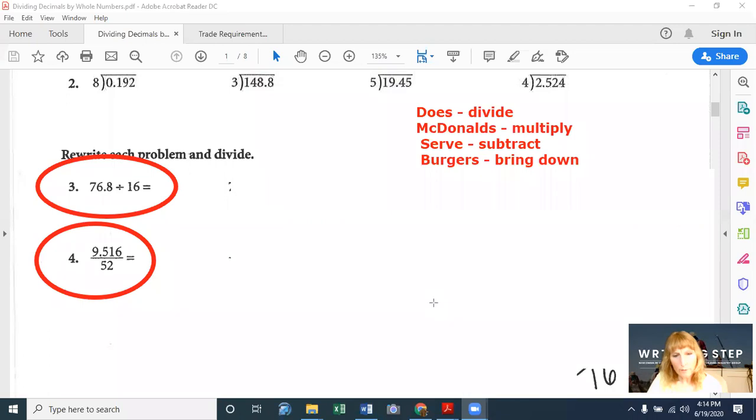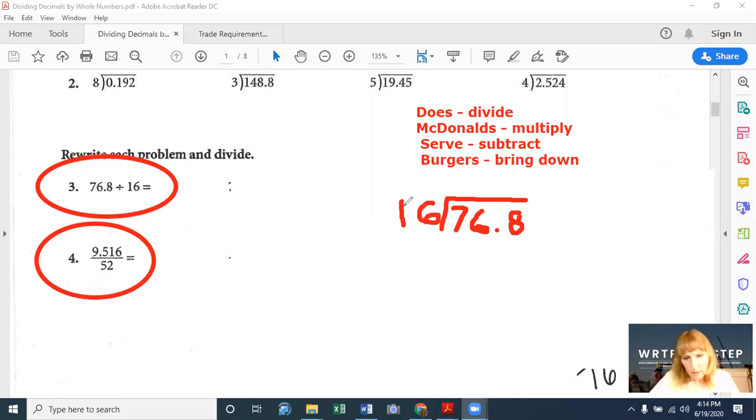So on number 3, you are going to do 76.8 divided by 16. So what goes on the inside of your long division sign? 76.8, yes. The 76.8 that is being divided by 16. So we're going to go like that, and we're going to follow our does McDonald's serve burgers.